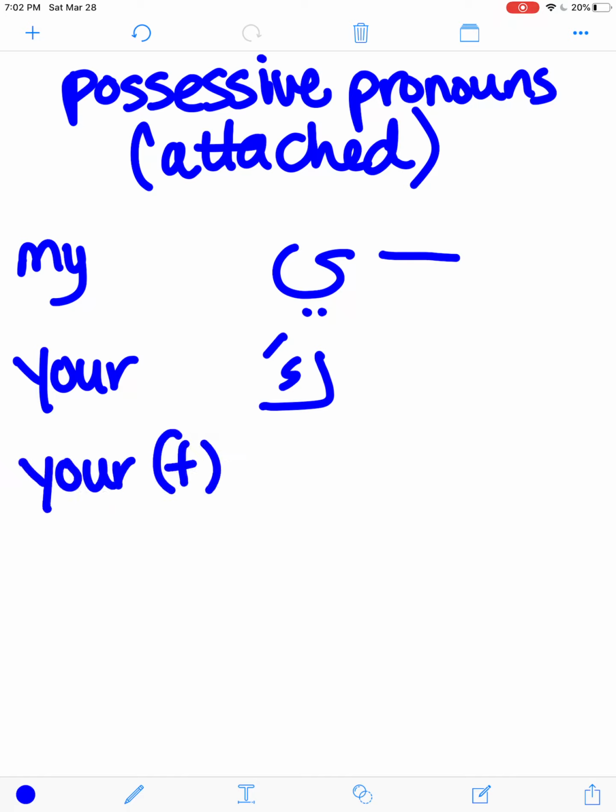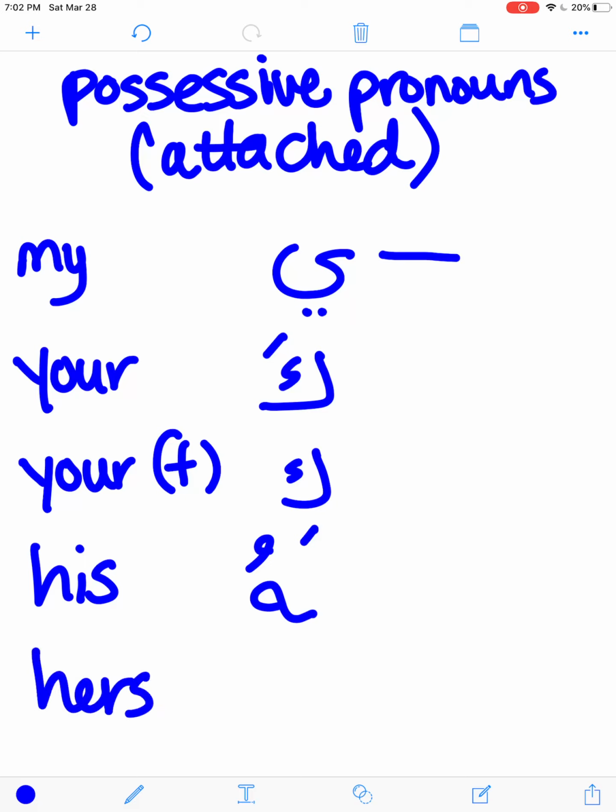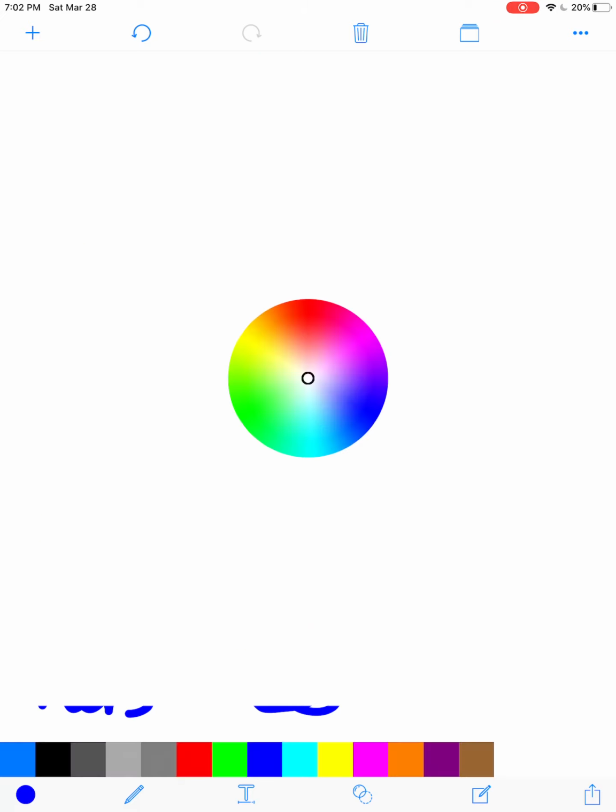And if it's your feminine, meaning you're referring to someone who's a woman, kaf with the kasra. His, we attach a hu to the end, the letter ha with the dhamma. And hers, we attach a ha alif. So these right here are your attached pronouns.